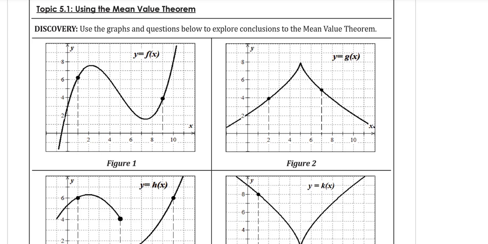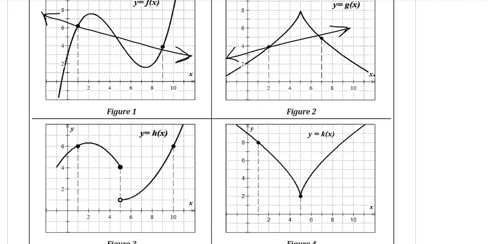Our first secant line, hopefully I can do these kind of straight. It's going to be like that. There's our secant line. On the next graph, g of x, my secant line will look like that. For the third figure, I'm going to have 2 secant lines.